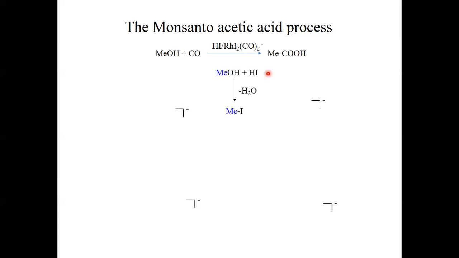So how does this work? First of all, the methanol can react with HI to form methyl iodide. Of course, this is a chemical equilibrium.